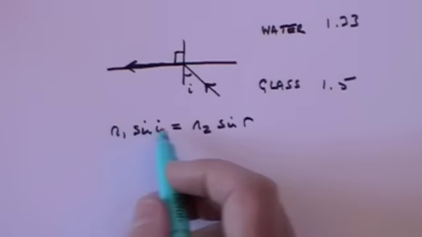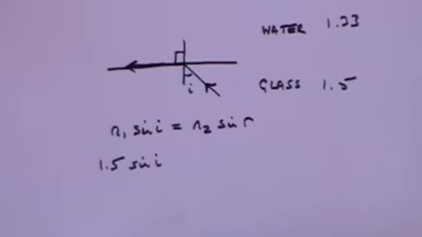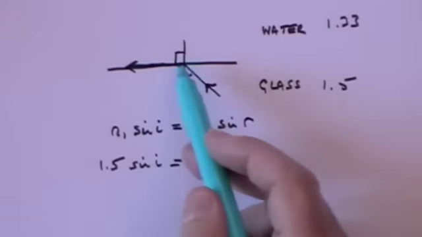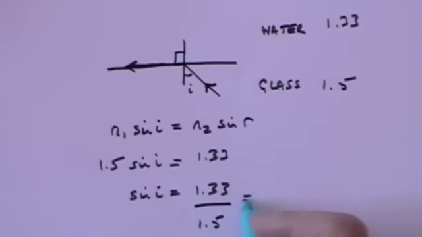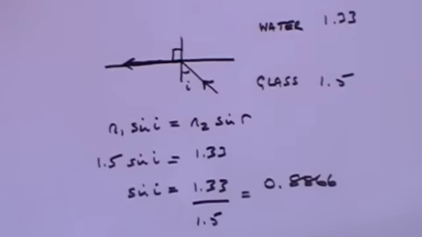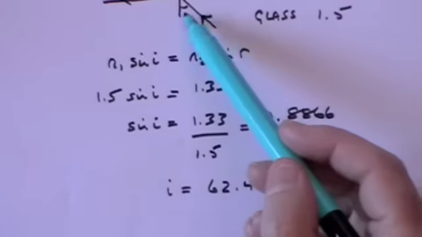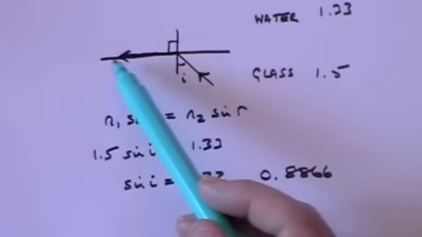So now we've got that the refractive index in glass is 1.5 times the sine of the angle we're trying to find is equal to 1.33 times the sine of R. Well, the sine of 90 is 1, which means that the sine of I is 1.33 divided by 1.5, and that's 0.8866. And when you look that up, or you use your computer to tell you, you'll find the angle of incidence is 62.45 degrees.